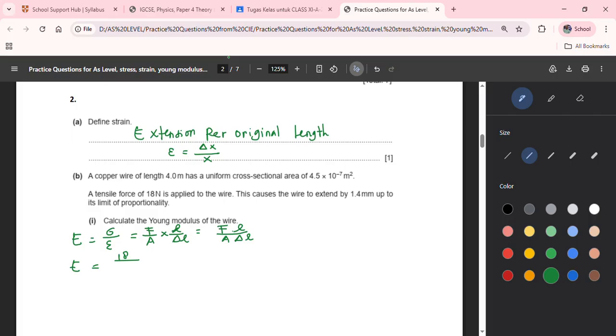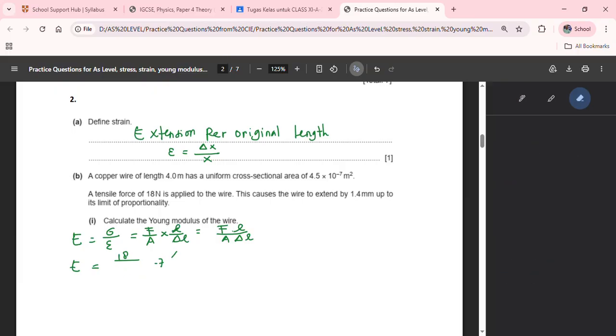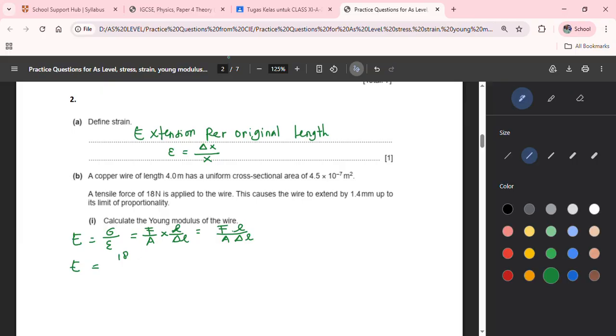Area is 4.5 times 10 to the power of minus 7, and then times the original length, which is 4 meter, divided by delta L, which is 1.4 times 10 to the power of minus 3.